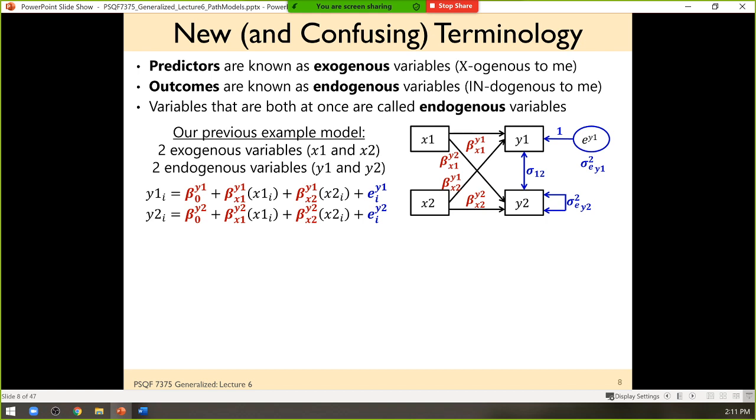Predictor and the word endogenous. So if we go back to just regular regression models like we've done all semester, whether it has a link function in it or not, the predictors in those models never had any distributional assumptions. That's because they weren't part of the likelihood.